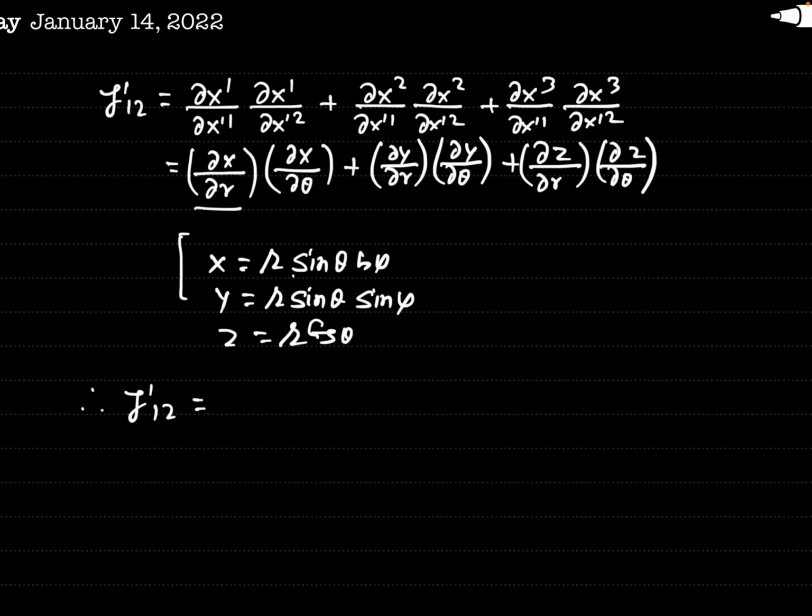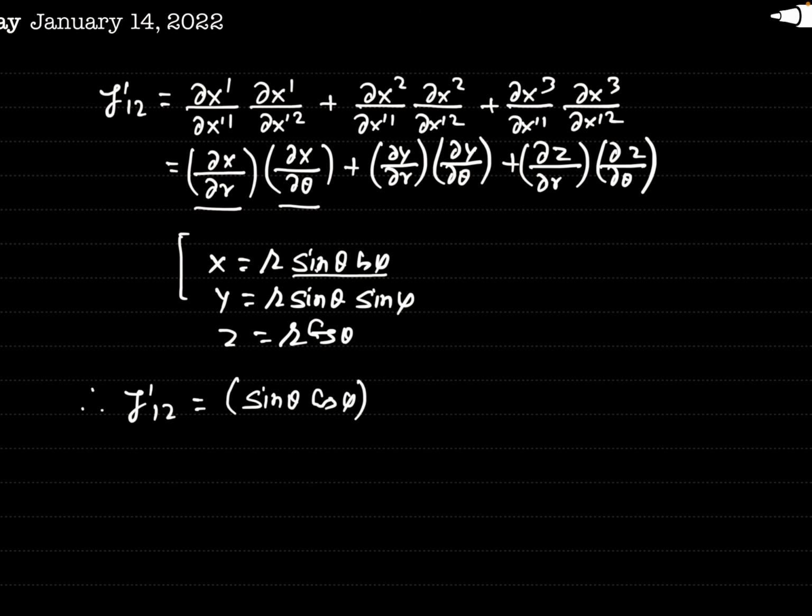See here, del x by del r, this will be simply sine theta cos phi, times del x by del theta.